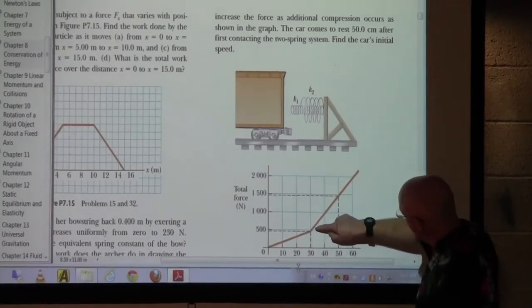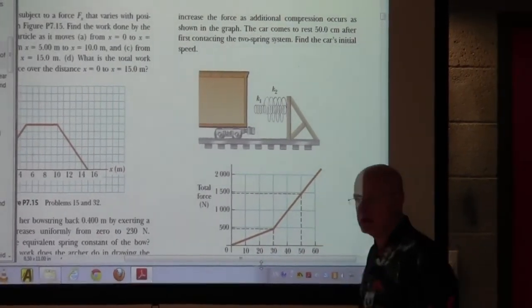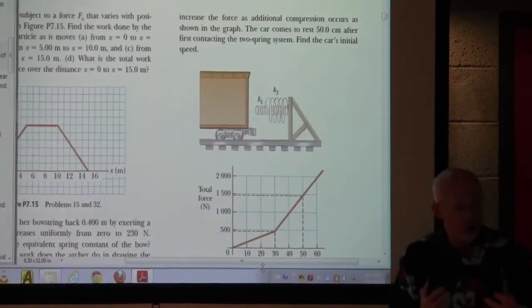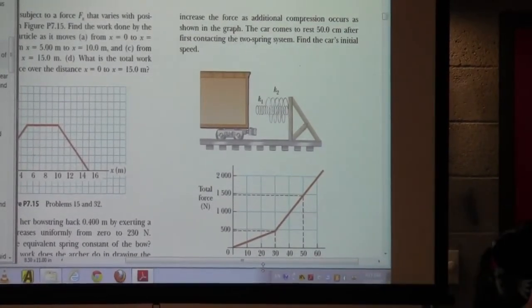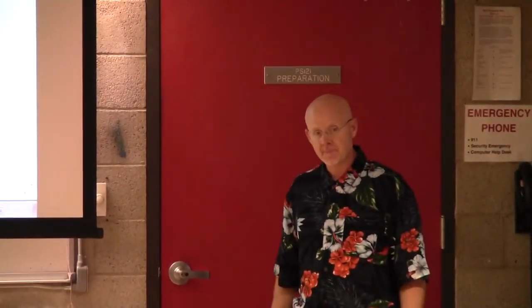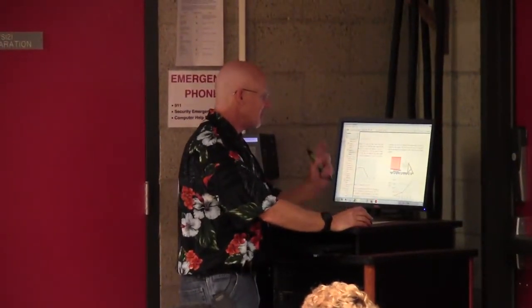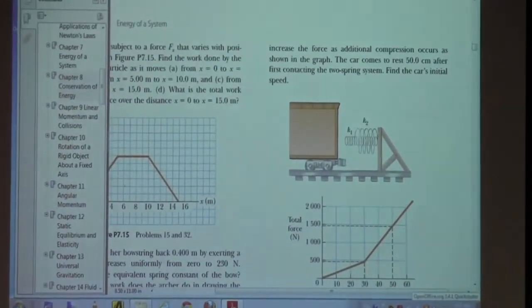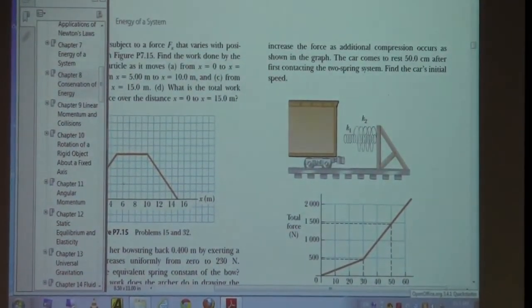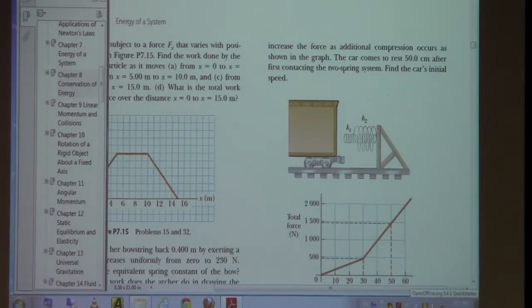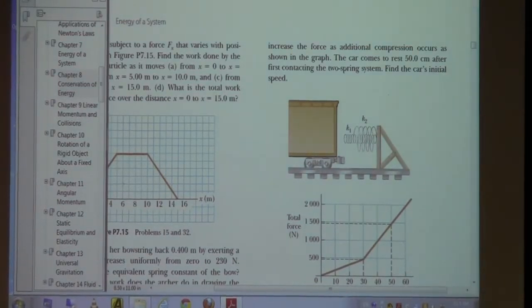And so it's saying now your force is a much larger increase for every meter you compress it. Did you just add the spring constants? Glad you asked. Let me build up to that. But let's finish the question here. It says the car comes to rest 50 centimeters after making contact with our two spring system.